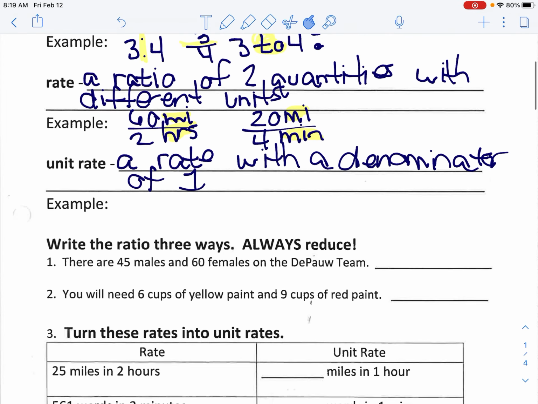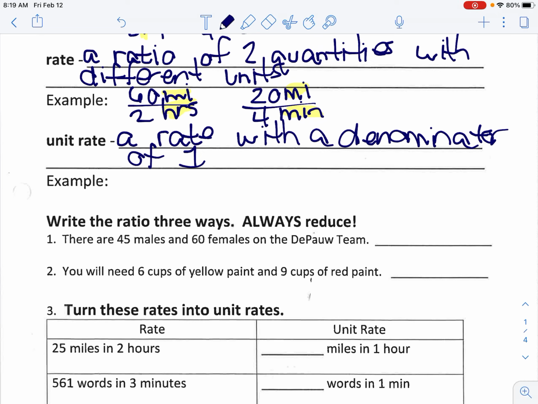So if we go back up and look at the rates that I had up here, remember I had 60 miles in 2 hours. Well, if I copy that down here, 60 miles in 2 hours, now a unit rate has to have a 1 on the bottom, so that's going to have to be 1 hour. The way that you get your unit rate is you divide the numerator by the denominator. So 60 divided by 2 is 30.